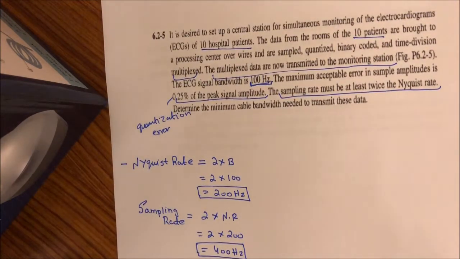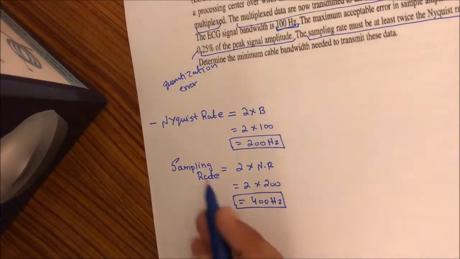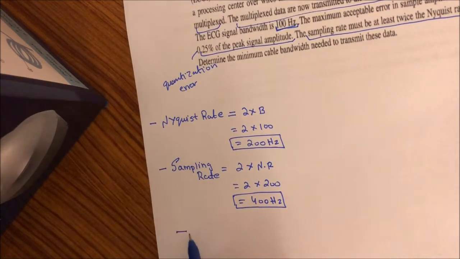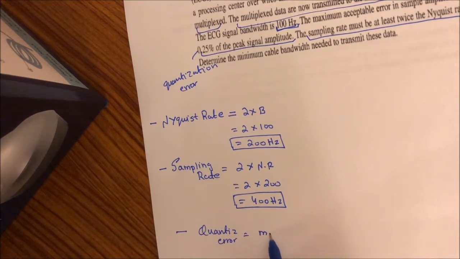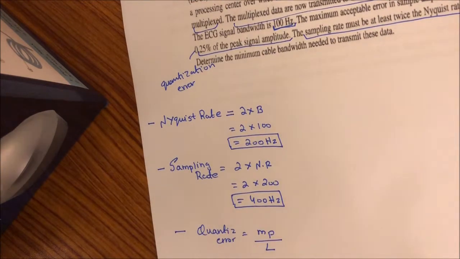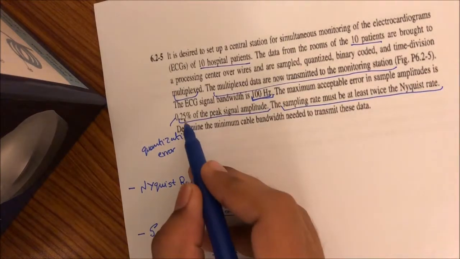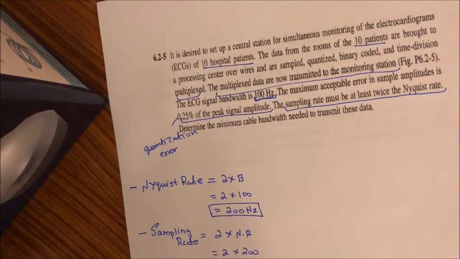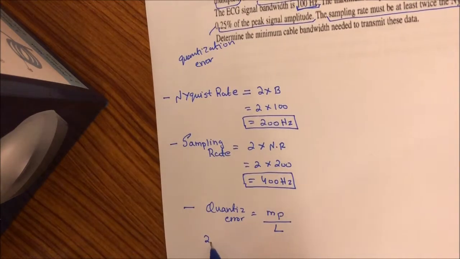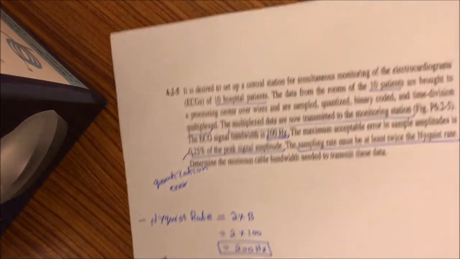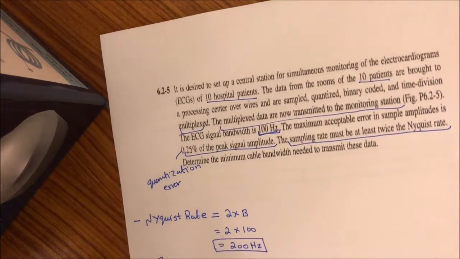The basic formula to calculate the quantization error is quantization error is equal to peak amplitude divided by the number of levels. So here we are given that the quantization error is 0.25, that is 25 over 100 into the peak amplitude, which is MP here.